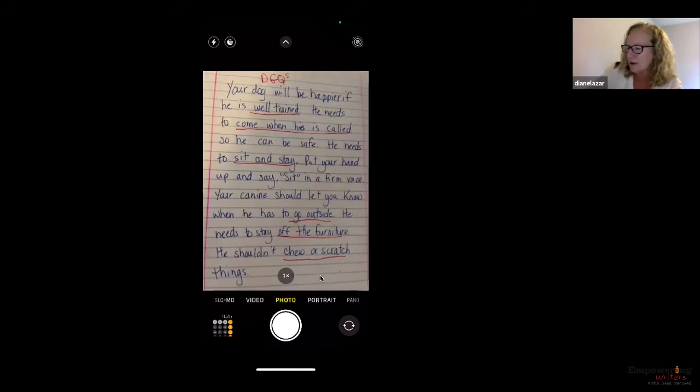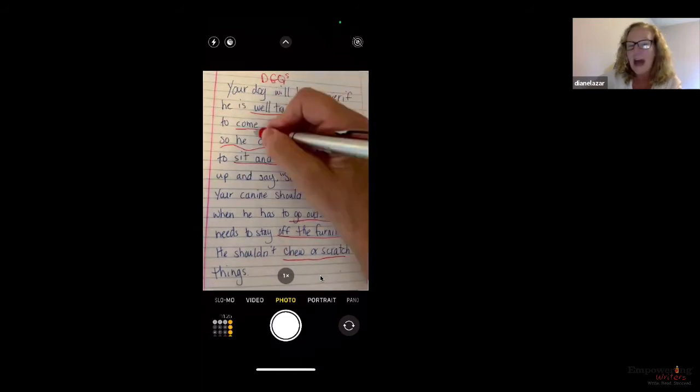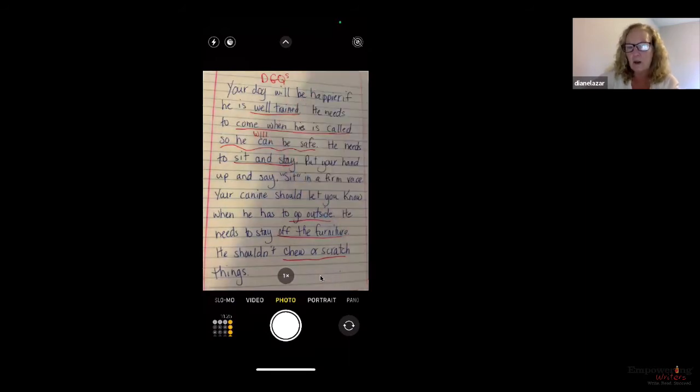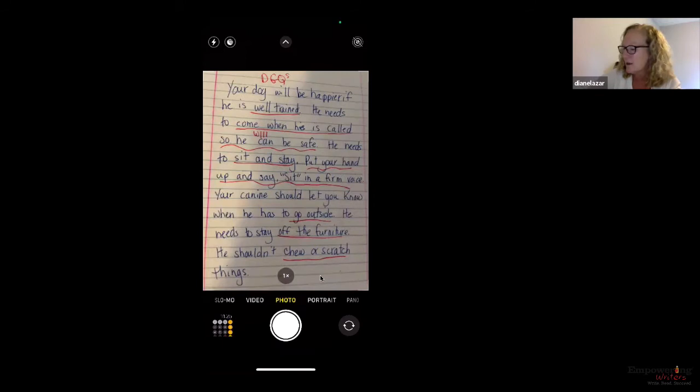So I'm going to start here. He needs to come when he is called so he can be safe. That's why is it important? That answers that detail generating question. He needs to sit and stay. Put your hand up and say sit in a firm voice. That answers the question, what does it look like?